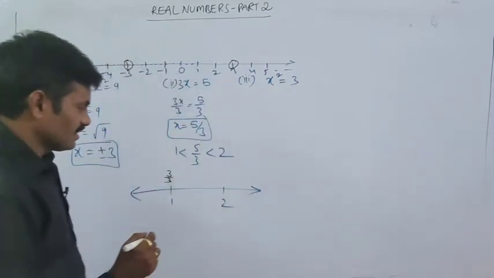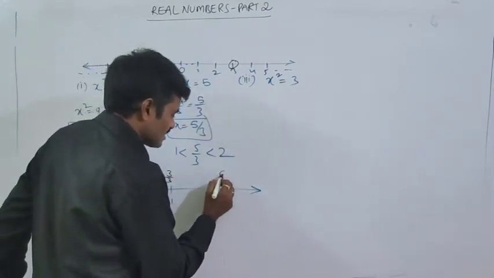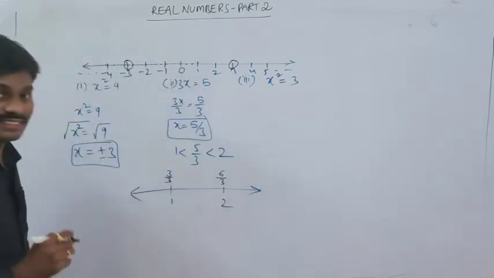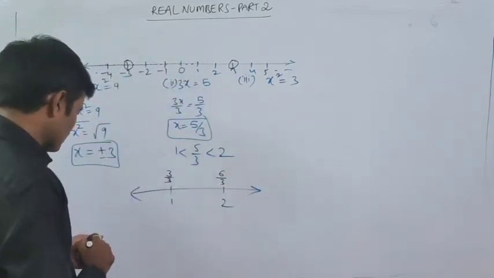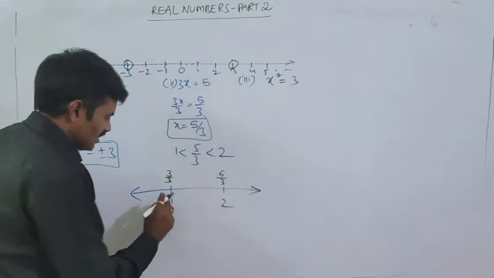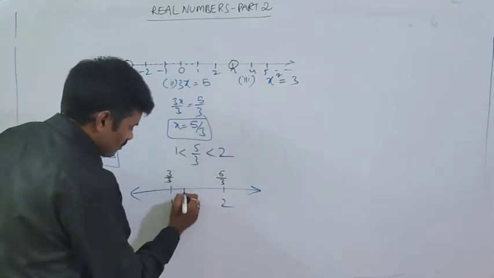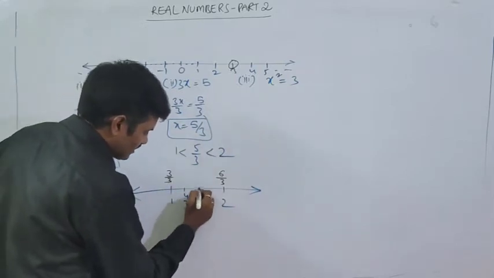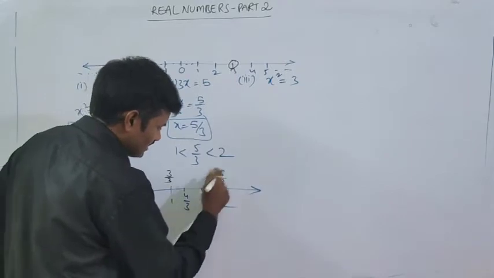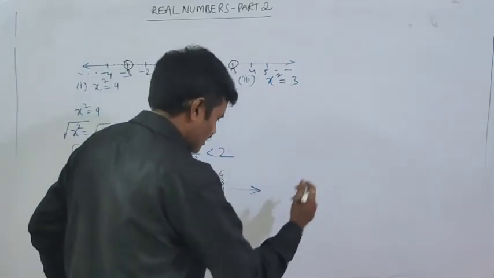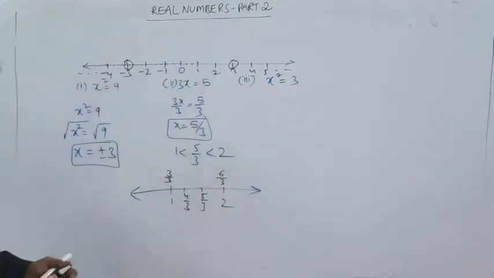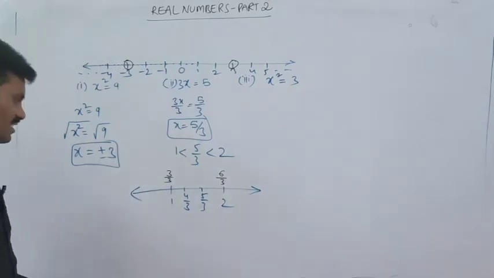Write it as 6 by 3. Now what are the numbers in the middle? 3 by 3, next 4 by 3, then 5 by 3, then 6 by 3, like this, 7 by 3, 8 by 3, 9 by 3 and so on. This concept we learned in the 8th class itself.